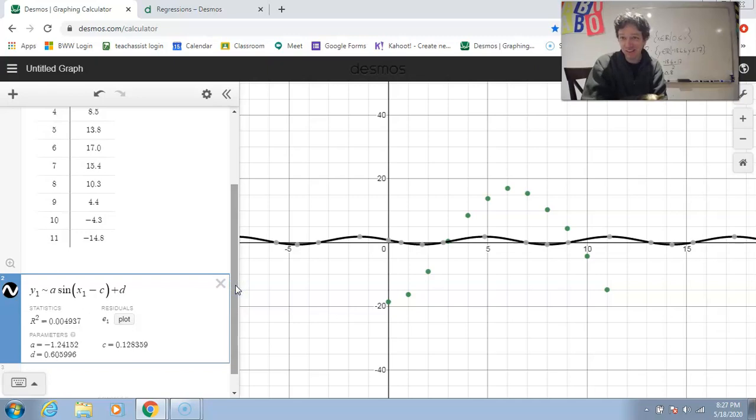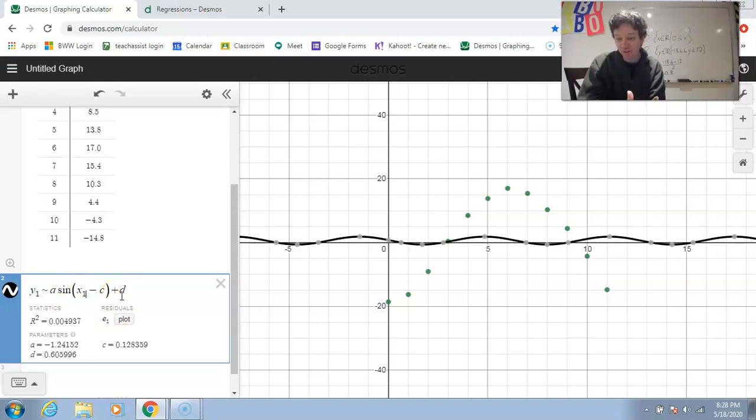Now, is that a good sinusoidal regression? No, it's terrible. And I'll tell you why it's terrible. What we've learned is our A is our vertical stretch or compression and our reflection about the x-axis. Our C is our phase shift and our D is our vertical shift.